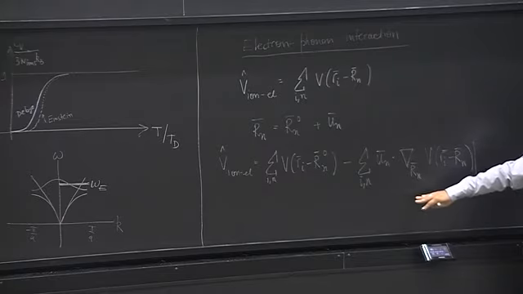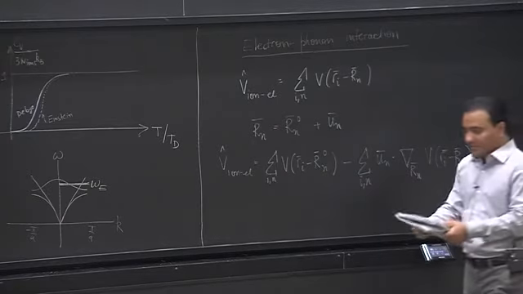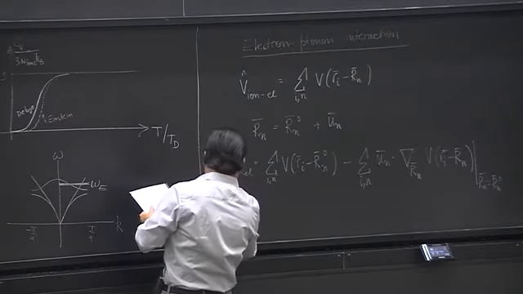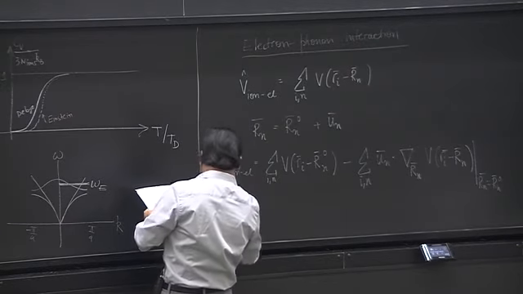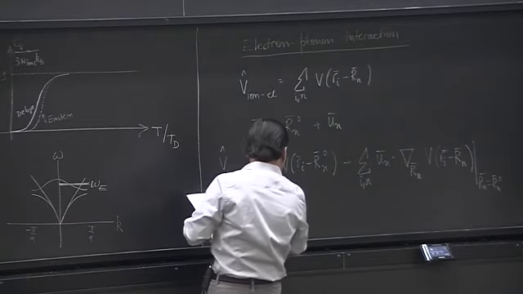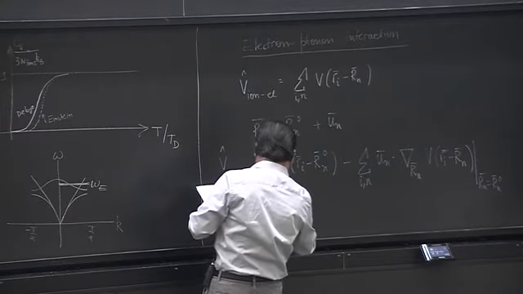This object is new, and we are going to call this Hamiltonian H electron-phonon. So this is minus.